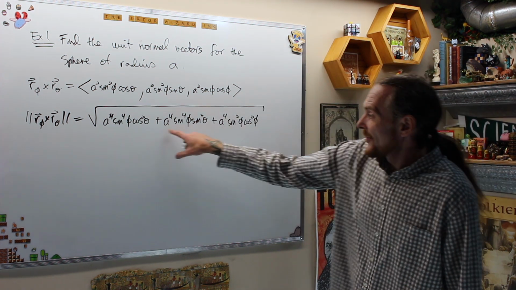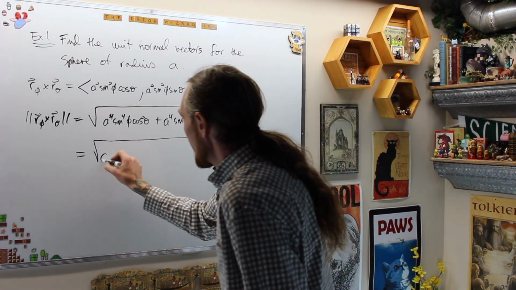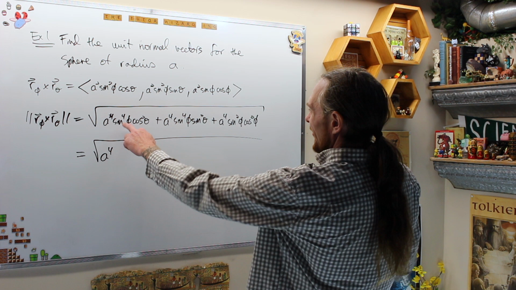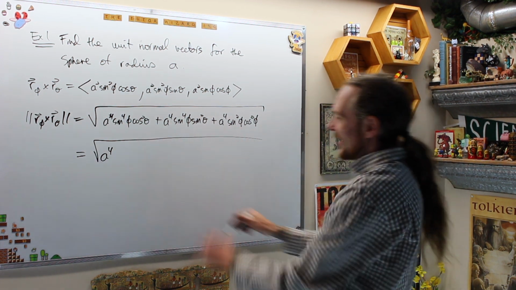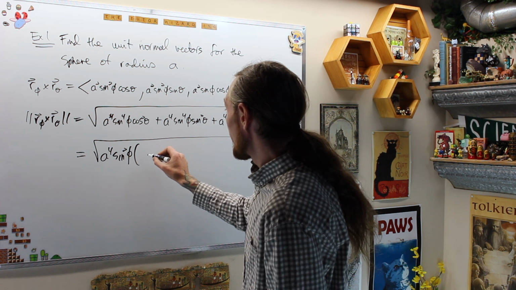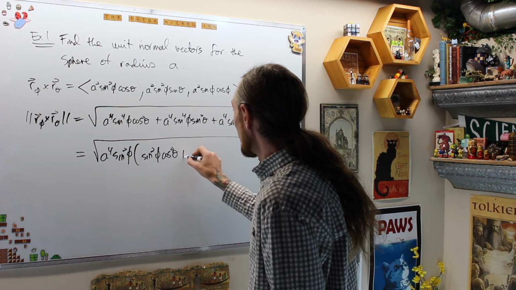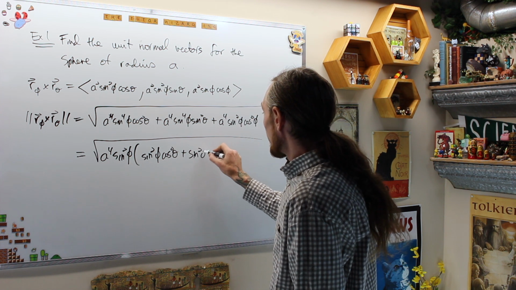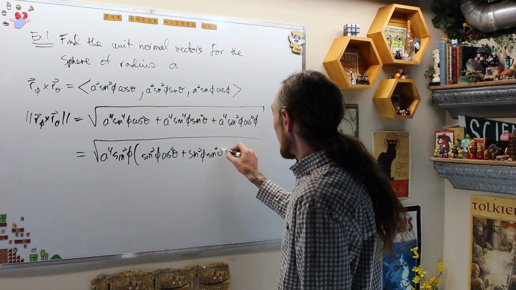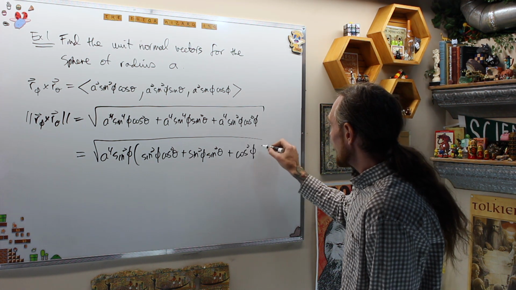First of all, I have a to the 4 in each one, so let's take that out. That's going to give me a squared. And we have sine phi in some of them, so I am going to take it out. I have sine squared phi in all of them, so that leaves me with sine squared phi cos squared theta plus sine squared phi sine squared theta plus cos squared phi.